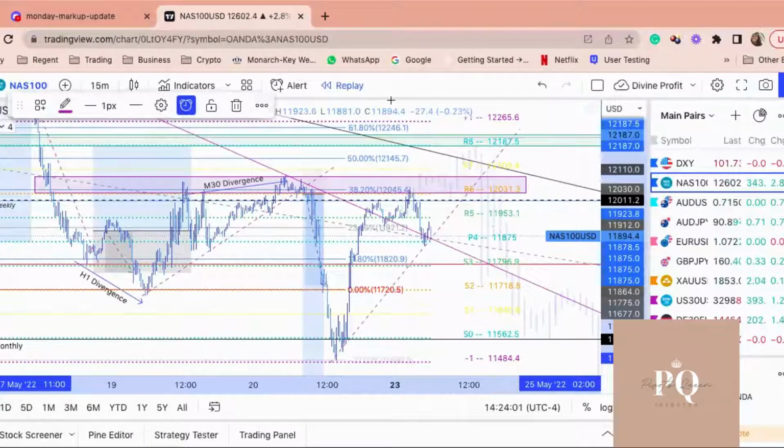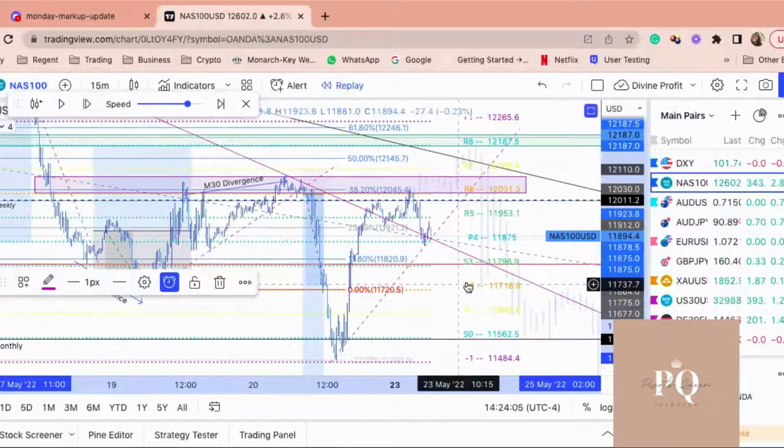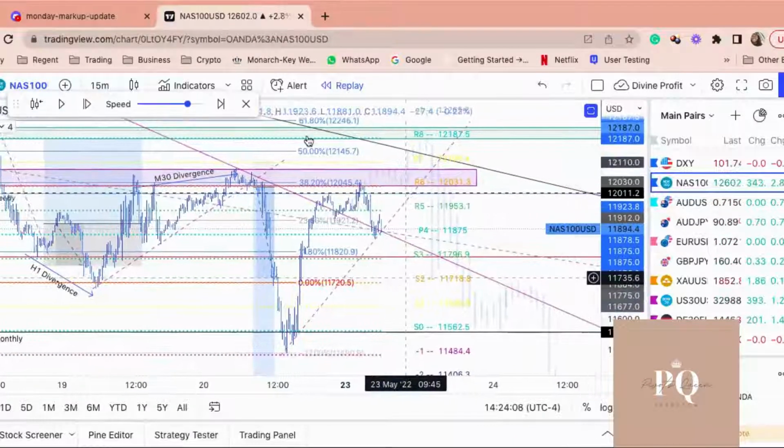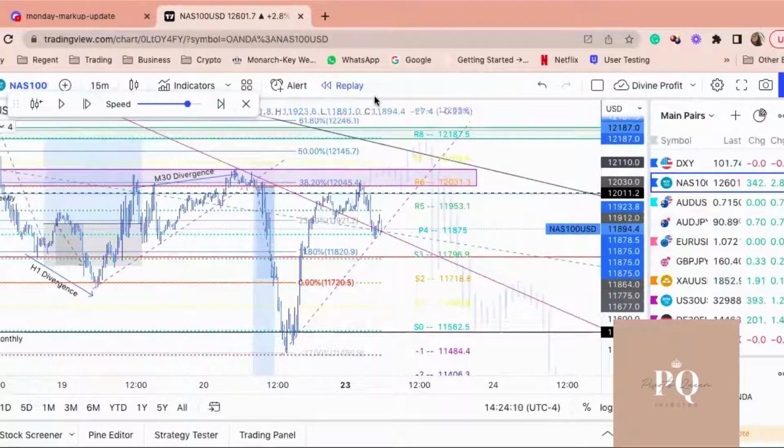This is how you backtest, when people say backtesting. This is how you backtest with the replay bar. It depends on which TradingView plan you have. With the free one, I don't know how far back you can go, but with each paid one, that determines how far back you can go. The more you pay, the further you can go back.